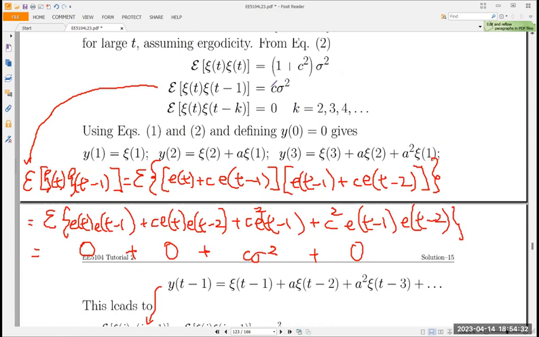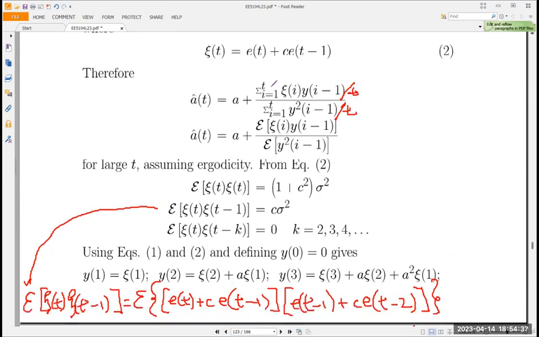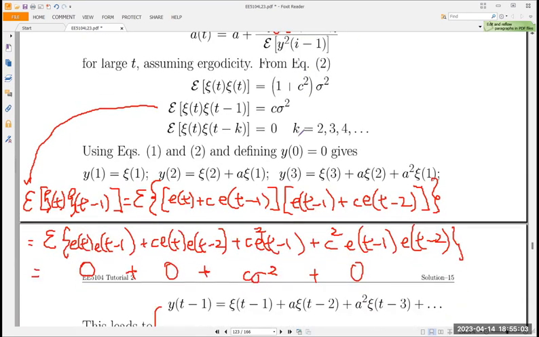And so the numerator here is c sigma squared. So you found the answer for the numerator. And then you need to find the answer for the denominator. The answer for the denominator is the expectation of y_t minus 1 squared.